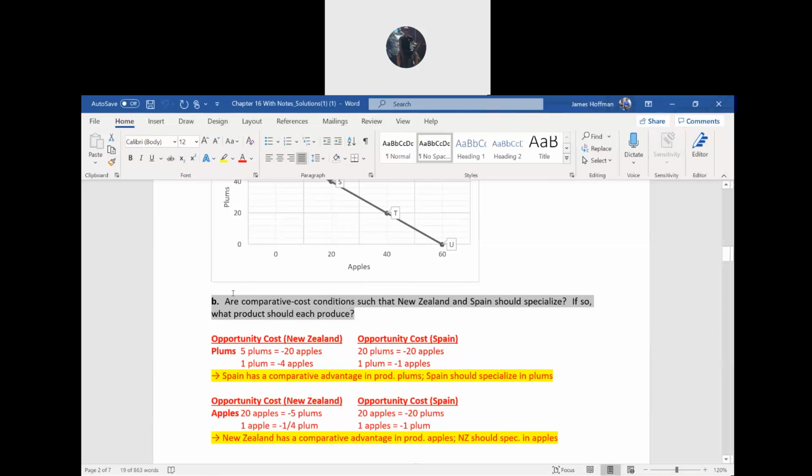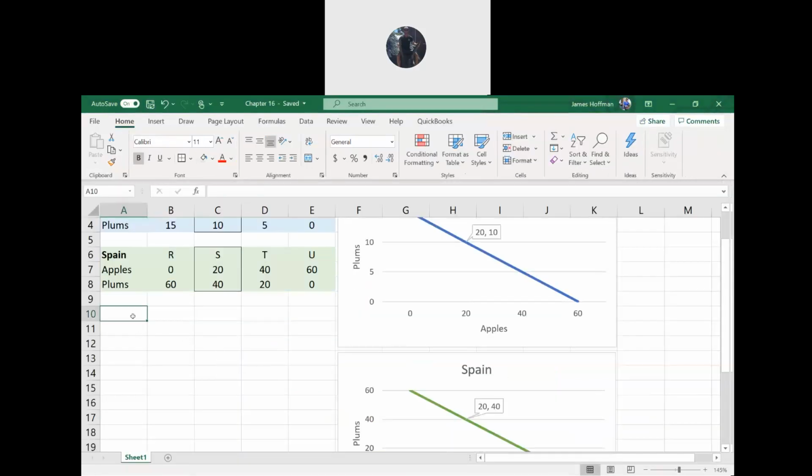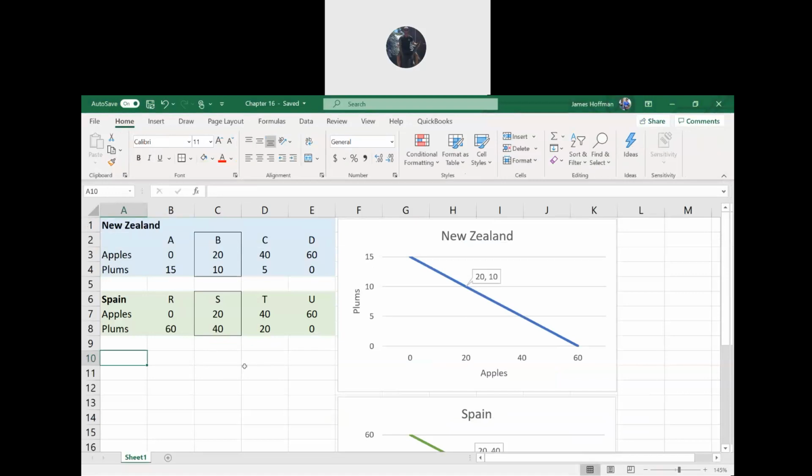So first we need to determine the opportunity costs of both goods for both countries. All right, so let's determine the opportunity costs of plums for both countries first here.